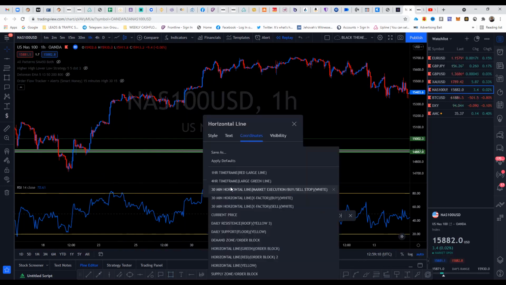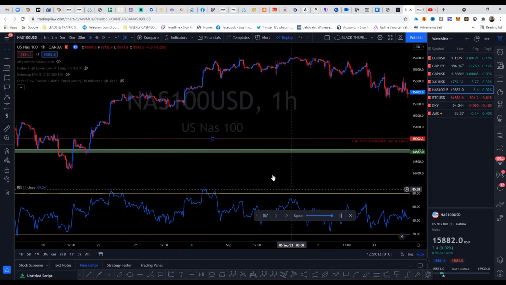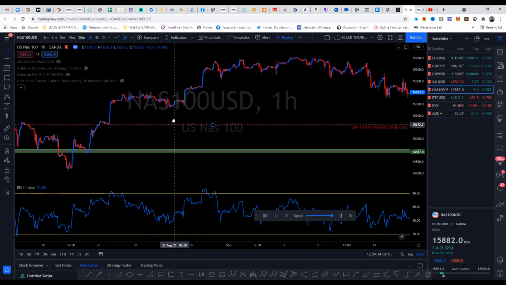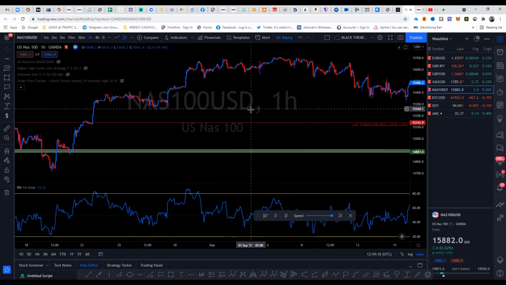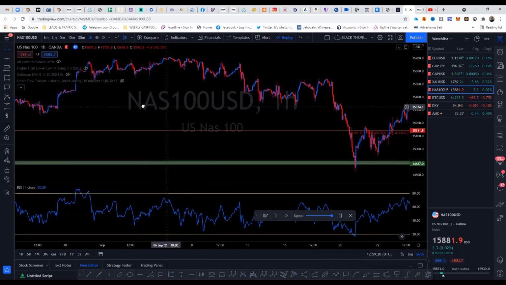Change this to red. And we're just going to move it up to the next point, which I believe is going to be right here. Yep. And then let's see.